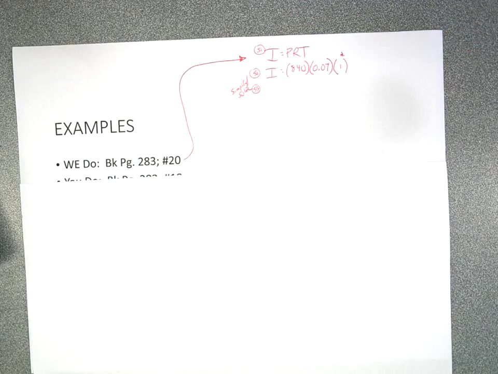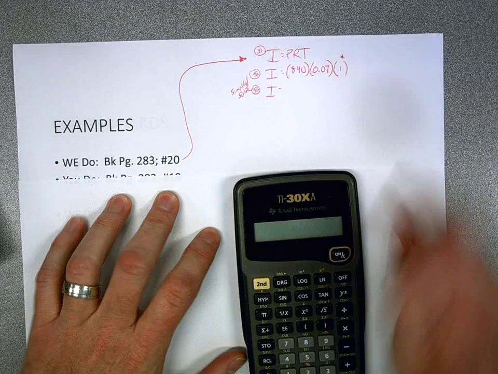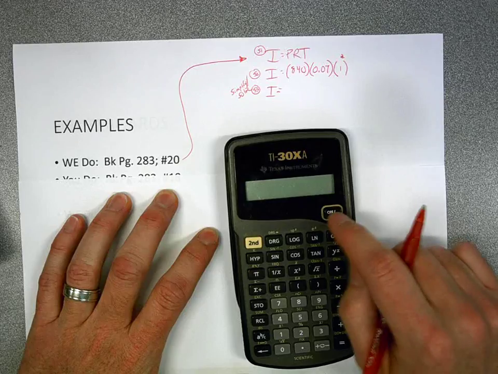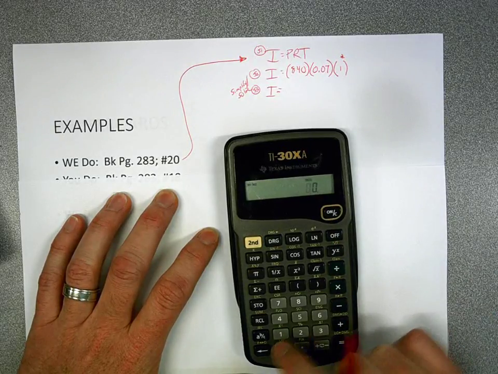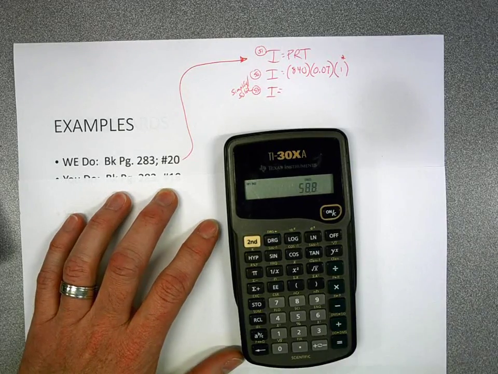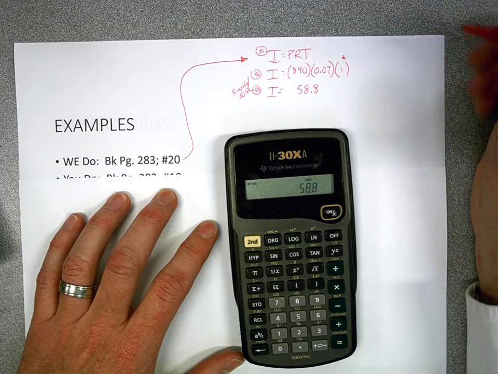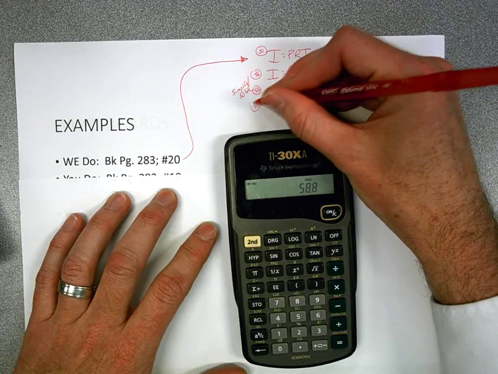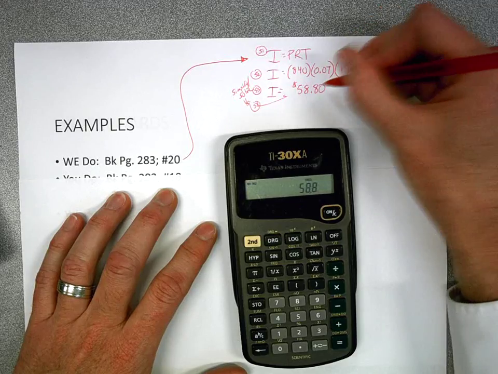Most of these would just be simplifying. So the interest is $840 times 0.07, and if you put times 1, that's great, you don't have to. Here's what we end up with, 58.8. Step 4 is make it look like money, so this is $58.80.